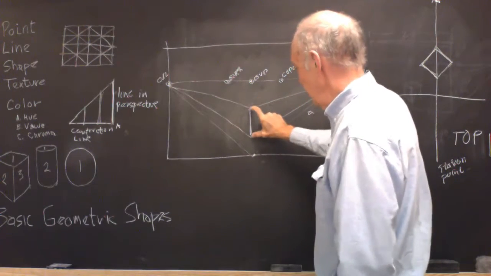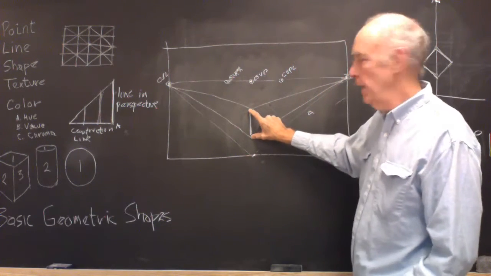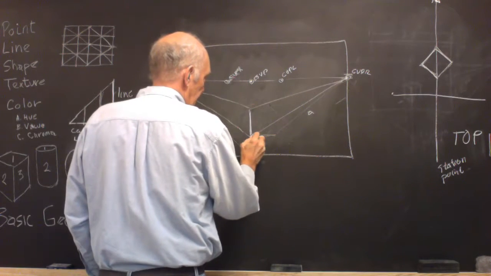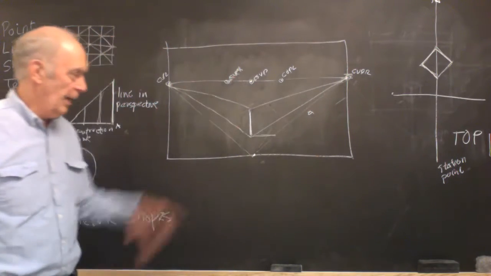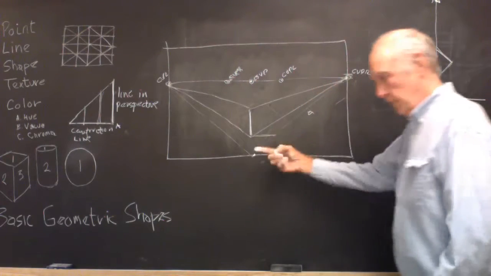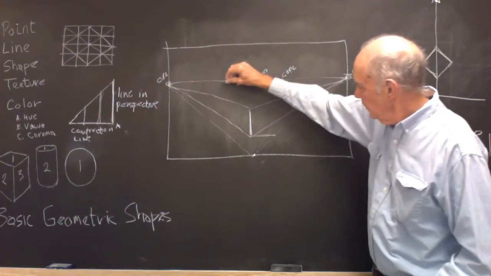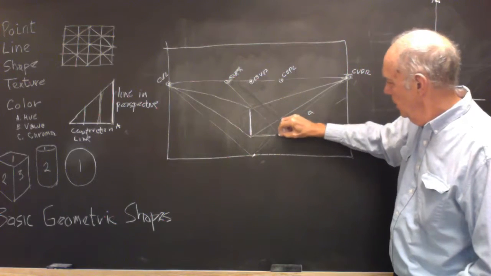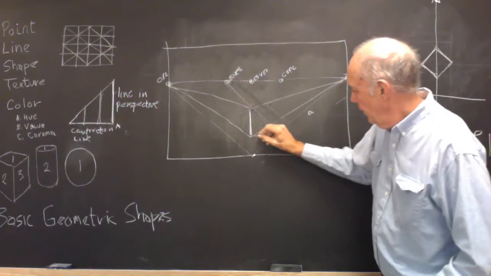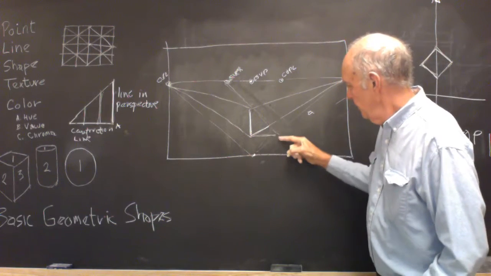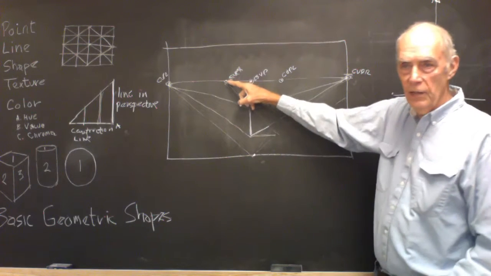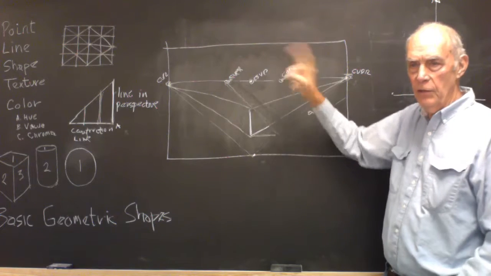Now, if I take this vertical measurement and lay it horizontal to the bottom picture point, and I go from here, this is to the right, to this construction vanishing point over here, this line right here is the same length as this line right here, using this construction vanishing point. That's the geometry of it. You don't have to understand it, it just works.